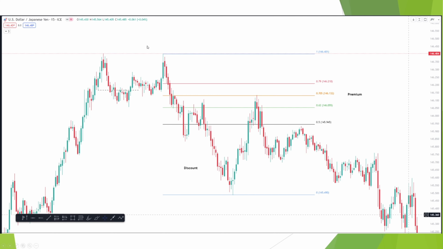So in this case, we found our premium market, and I was looking for a short position here. As soon as we took liquidity from this specific high, it was a perfect entry. We put the stop above the 0.8 zone, 0.79 in this case, and held the short position until the last swing low.